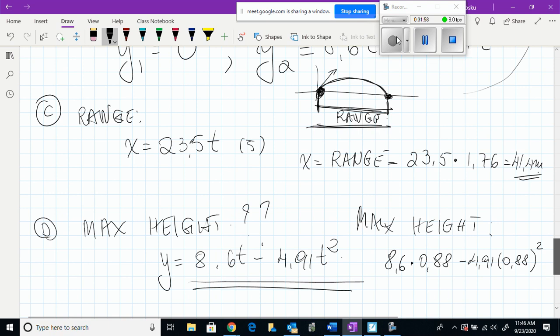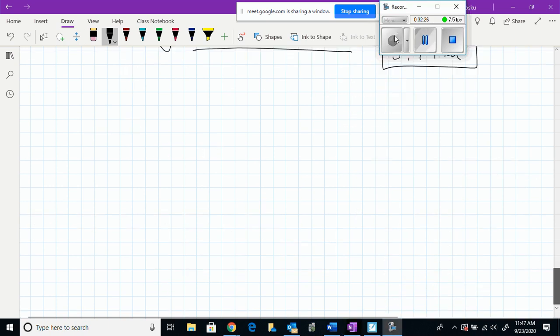And this is what the calculator gives me: the maximum height is 3.77 meters. This tells you that the maximum point, if we refer to this picture, this height here is 3.77 meters. Do you have any questions?